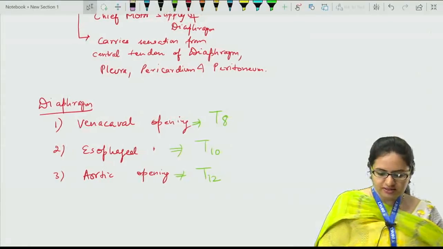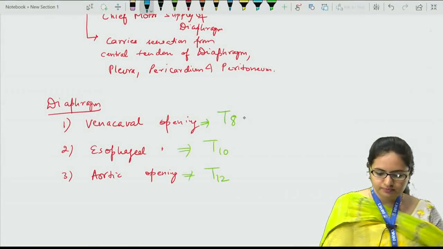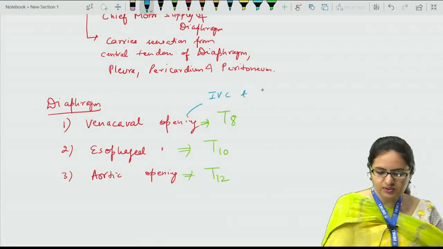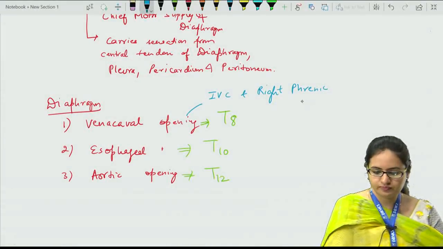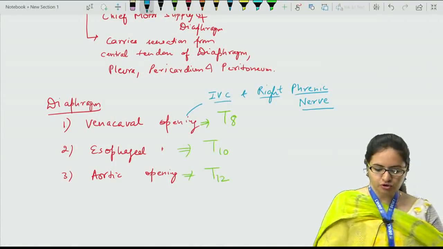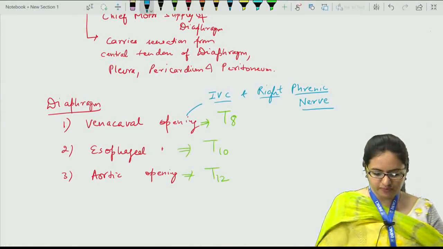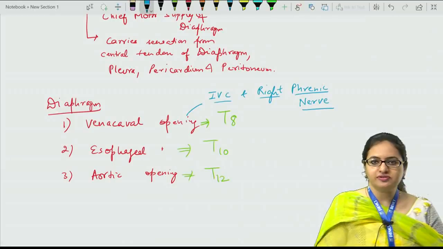The structures passing through the vena cava opening include the inferior vena cava as well as the right phrenic nerve. Through the esophageal opening pass the esophagus, the anterior and posterior vagal trunks, and the esophageal branches of the left gastric artery.